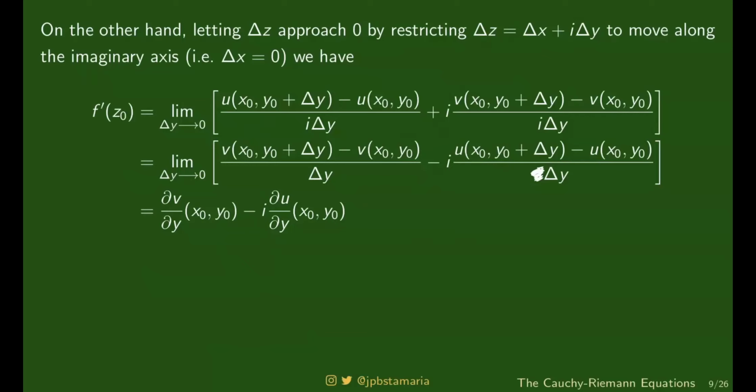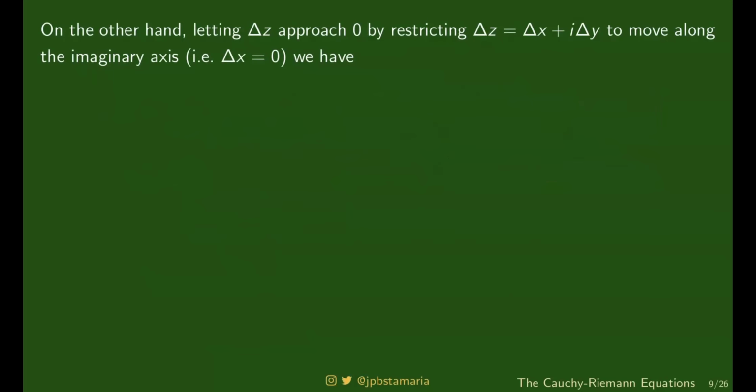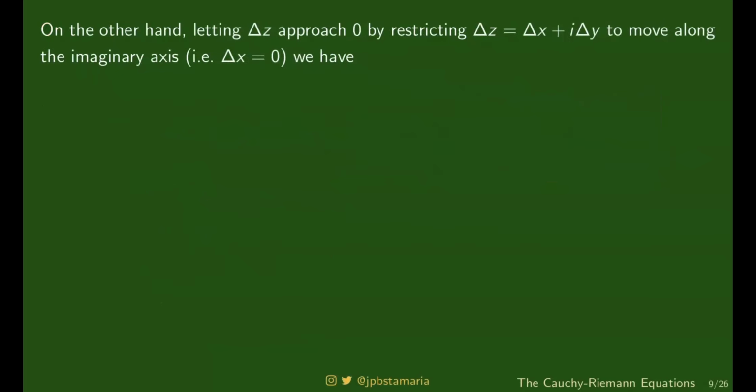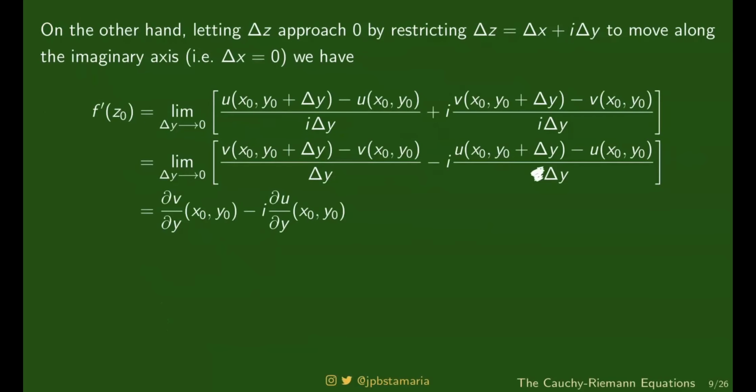Yung second term is I, partial derivative ni u with respect to y at the point x naught, y naught. Okay, ganito no? So kapag yung delta z manggagaling sa, pupuntahan si origin coming from the real, itong itsura niya. Okay? Pag si delta z manggagaling sa imaginary axis, ganito itsura niya.